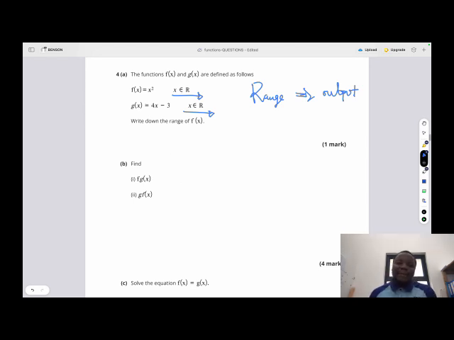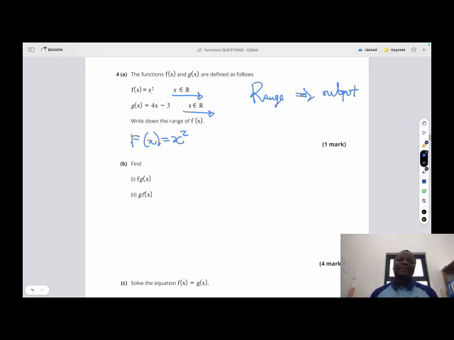Now, when you look at f of x, which is x squared, they're asking, if you were to put in all numbers, because real numbers means negative numbers and positive numbers, what would be the range? Because this is x squared, like we did in the previous example, it means no matter what sort of negative number we replace for x, the output will always be positive.